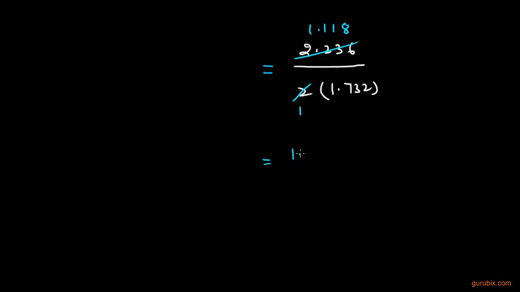So it is 1.118 over 1.732. If we divide 1.118 by 1.732, we get 0.645. So this is the square root of 5 over 12.